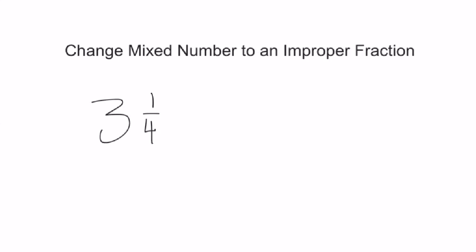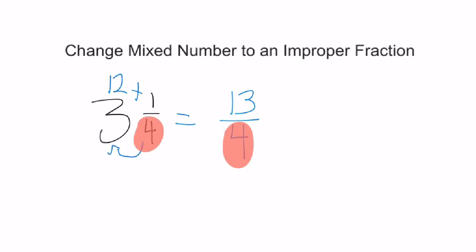Looking at changing a mixed number to an improper fraction, our strategy is to multiply the denominator by our whole number. In this case we get 12, and then we add on our numerator to get 13/4. So our denominator is going to remain the same, and all we're doing is figuring out how many fourths we have in total.